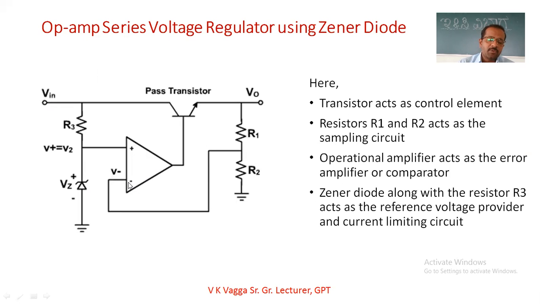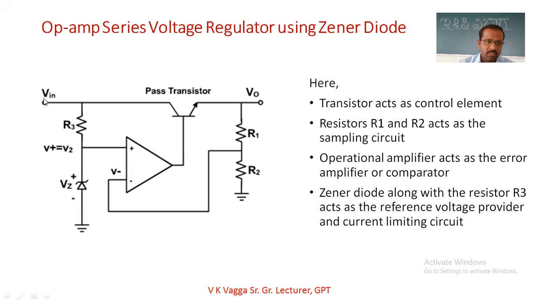One input will be the inverting, the negative, and the other input will be the positive. The zener diode along with the resistor R3 acts as the reference voltage provider and the current limiting circuit. R3 is the current limiting resistor, and VZ is used to provide the reference voltage.